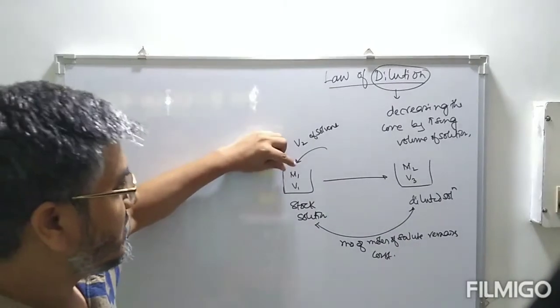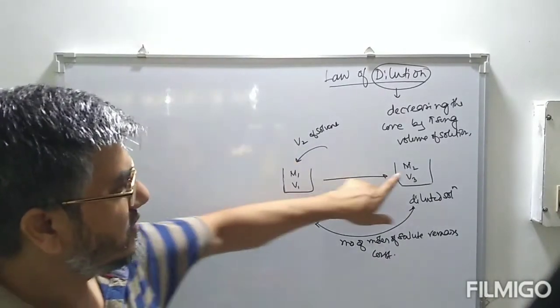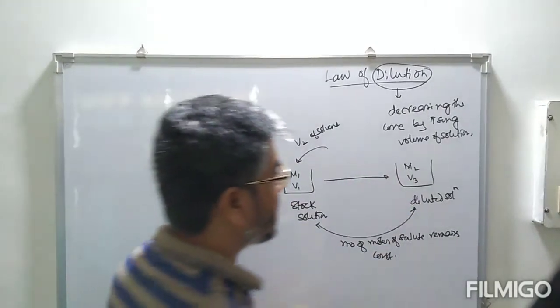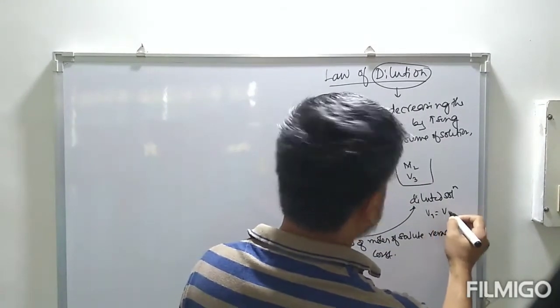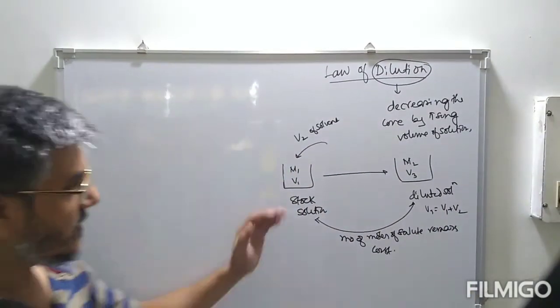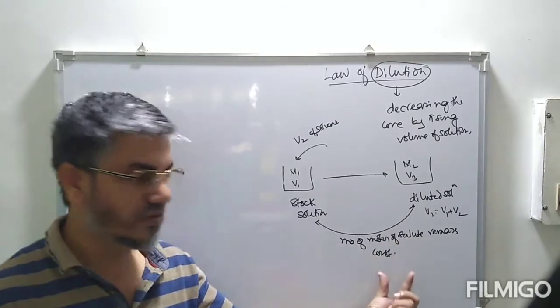So this is the initial concentration, initial volume, final concentration, final volume. So this volume V3 is equal to V1 plus V2. And during the dilution process, the number of moles of solute remains constant.